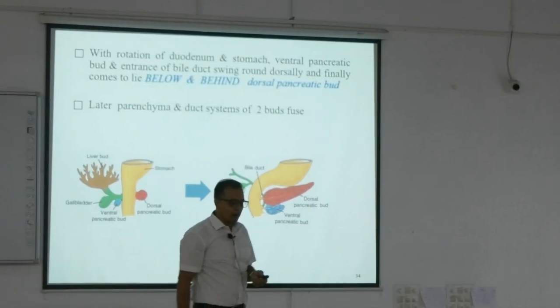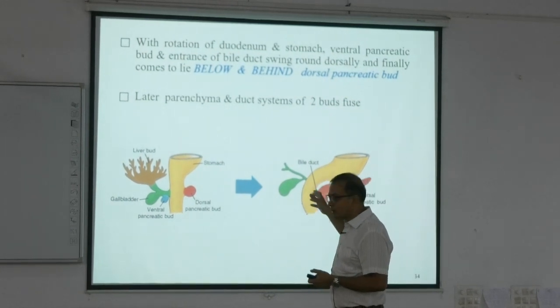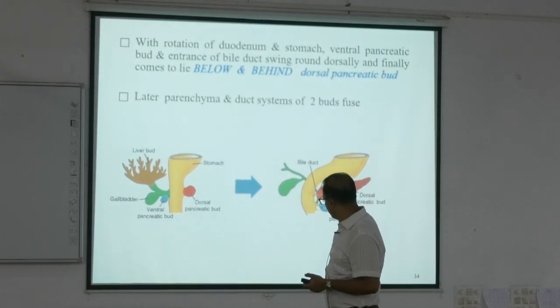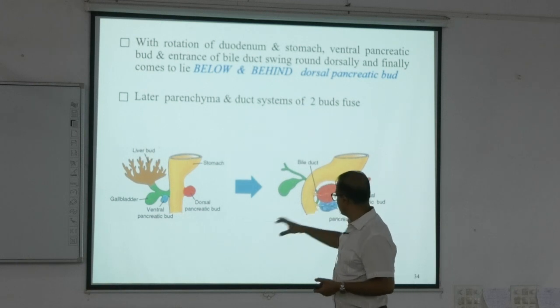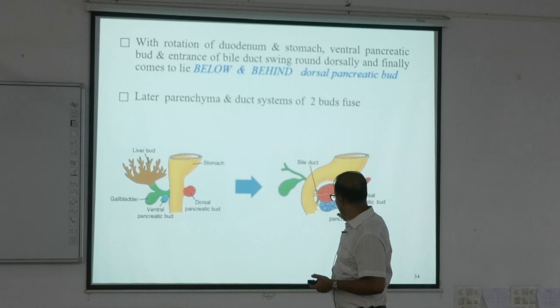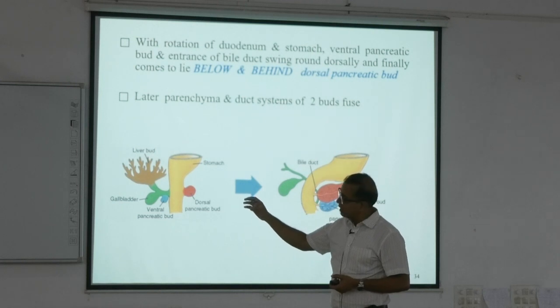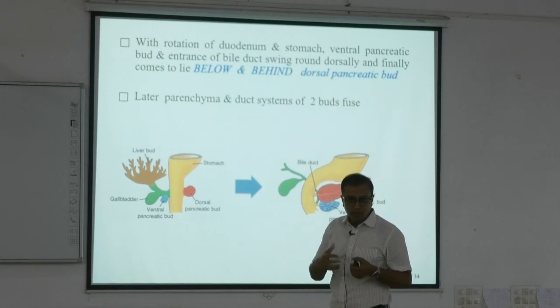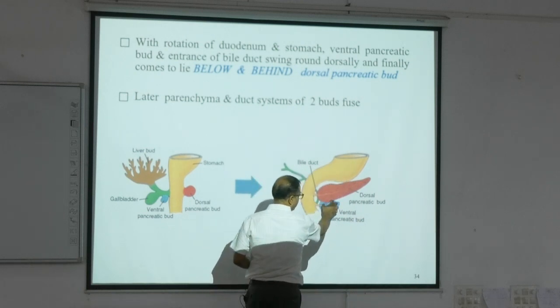We have these two buds, ventral and dorsal. The front one, the ventral one, with the rotations of the stomach and the duodenum, goes posterior, goes under, and joins together to make a single pancreatic bud. Only the lower part of the head and the uncinate process develop from the blue shaded element, which is the ventral one.